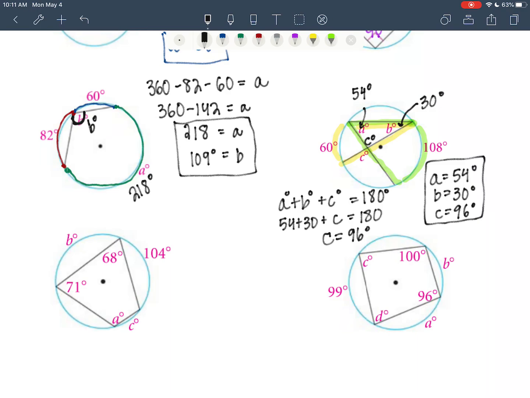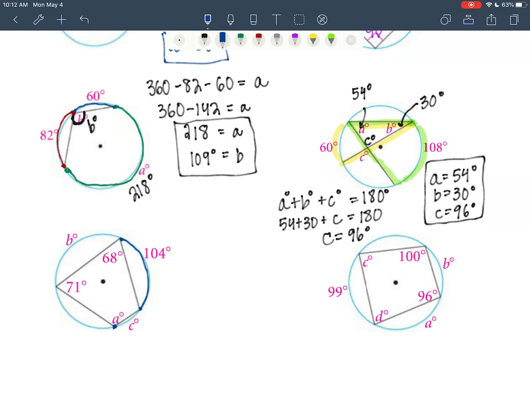Okie dokie smoky. Let's see, we've got 104 degrees right here. 68 is attached to, let's look at that 68.